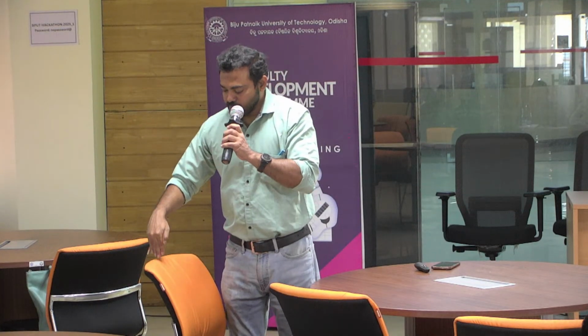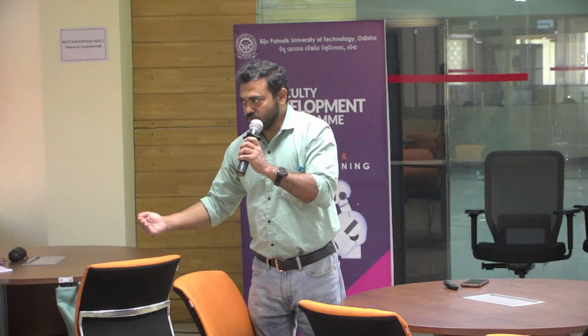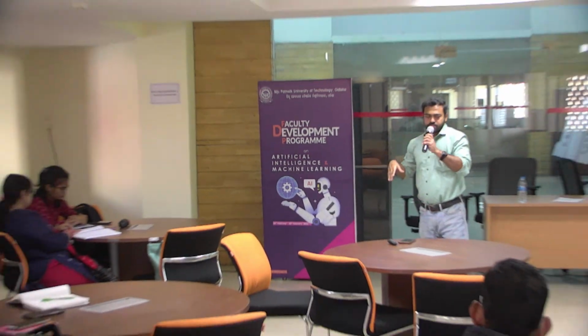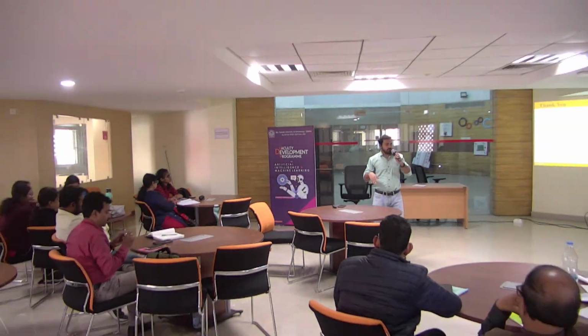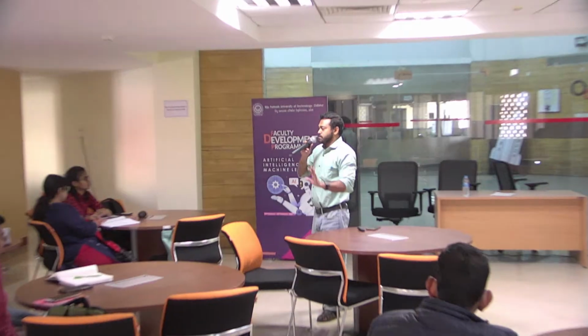So if the word prize money is there, or some other terms or words, the ML model has already seen that. If you know probability, suppose you have 10 spam mails, and in those 10 spam mails, 8 have the word prize money and 2 do not.